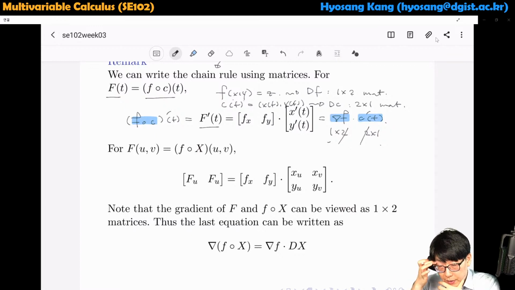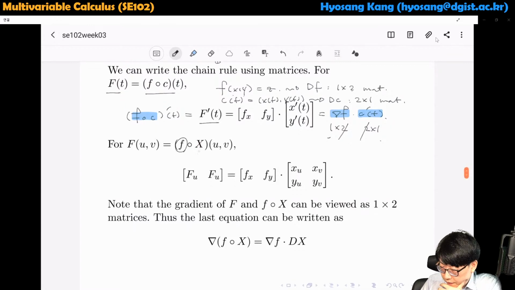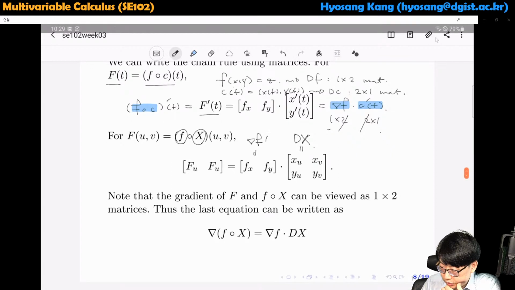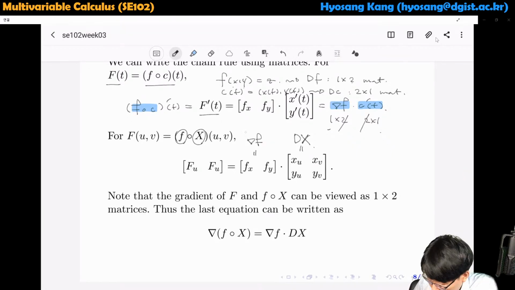How about when we talk about the second version of the chain rule? We compose this f and the transformation x. So the transformation has two independent variables and two dependent variables. Therefore, the differential is a 2 by 2 matrix given by this. So this is the differential of x. Okay, and this is the gradient, or you can simply write your gradient as a differential, just df. Okay, same as dx, df.